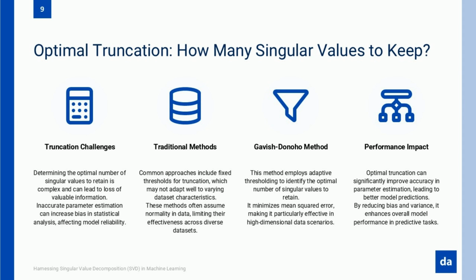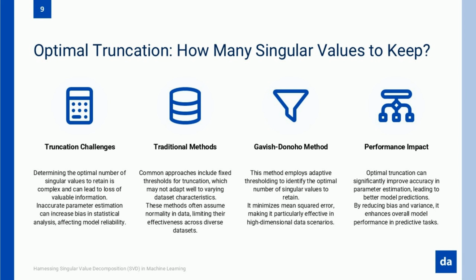This approach is particularly powerful for matrices corrupted by noise, where the boundary between meaningful patterns and random variation becomes blurred. In experimental comparisons, the difference between optimal and suboptimal truncation can be dramatic.